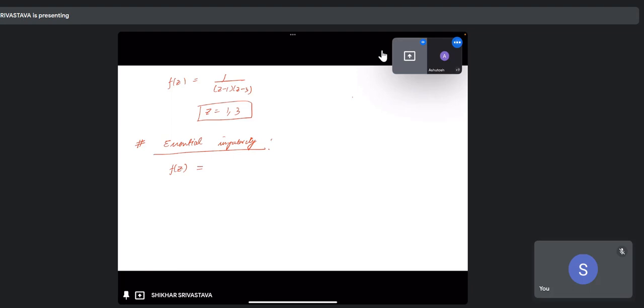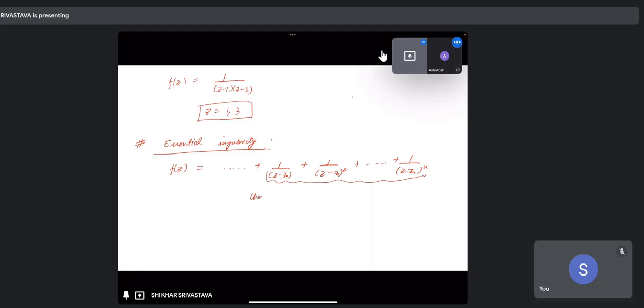Suppose you have a function in the given form: 1 upon (z minus z naught), where z naught is a singular point, plus 1 upon (z minus z naught) squared, up to 1 upon (z minus z naught) to the power n, and maybe it will go beyond n also. So this function has an infinite number of negative powers.